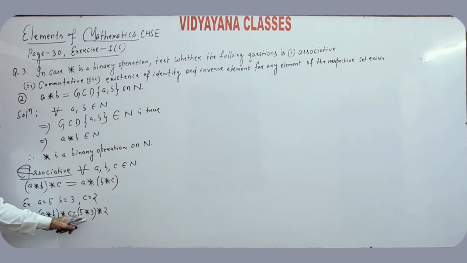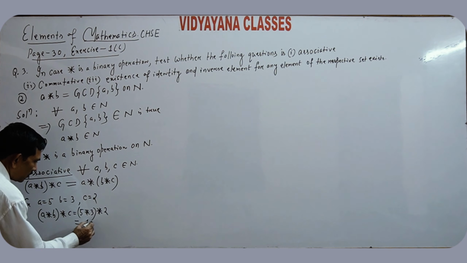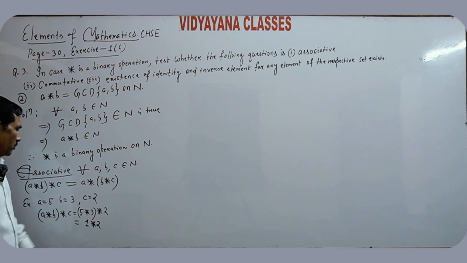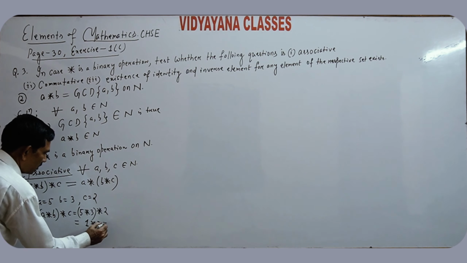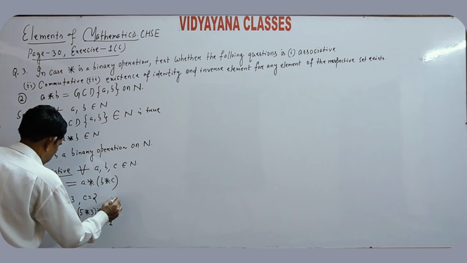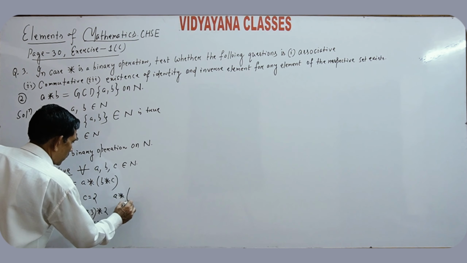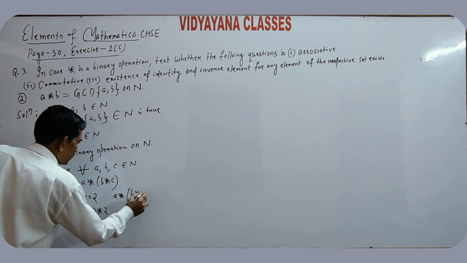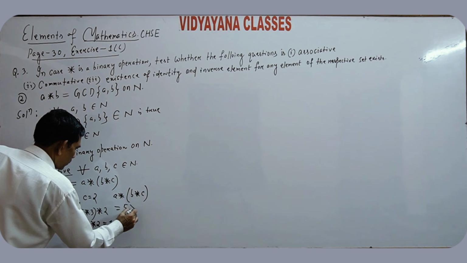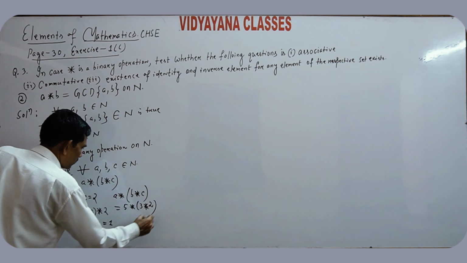A star B bracket star C is equal to 5 star 3 bracket star 2. GCD of 5 and 3 is 1, star 2, that means GCD of 1 and 2 is 1. A star bracket B star C: 5 star 3 star 2.